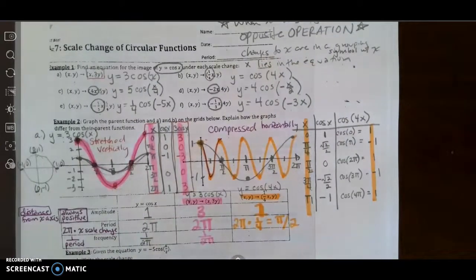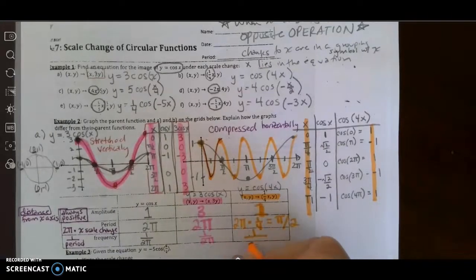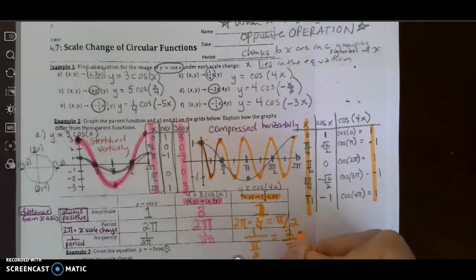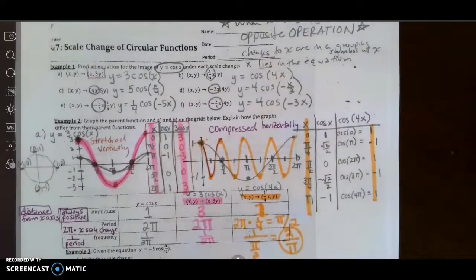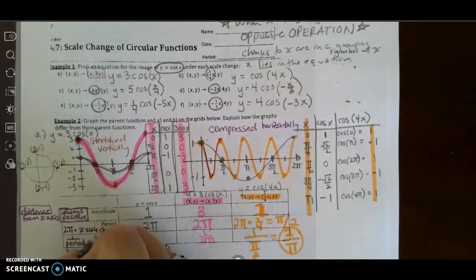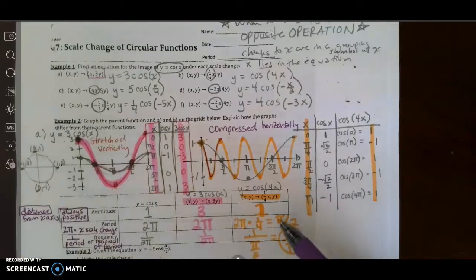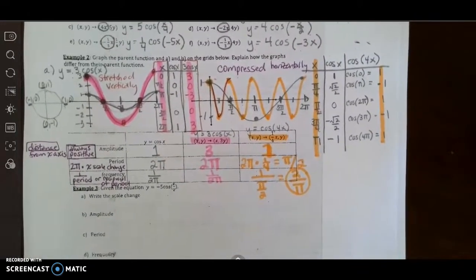And then for the orange, it is 1 over pi over 2, which is 2 over pi. Another way to think of it is the reciprocal of the period. So the reciprocal of 2 pi is 1 over 2 pi, and the reciprocal of pi over 2 is 2 over pi. Let's see if we can get through this example 3.